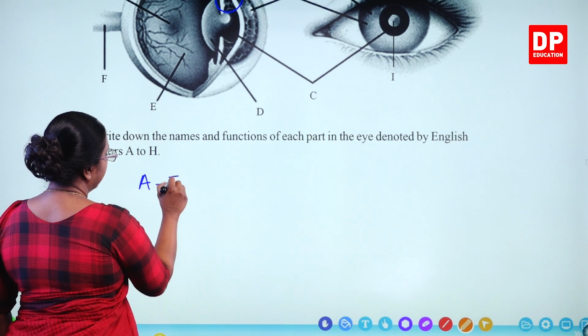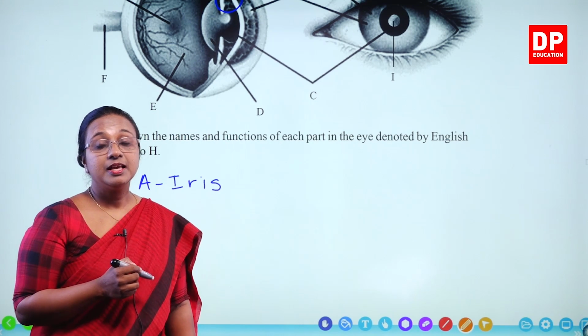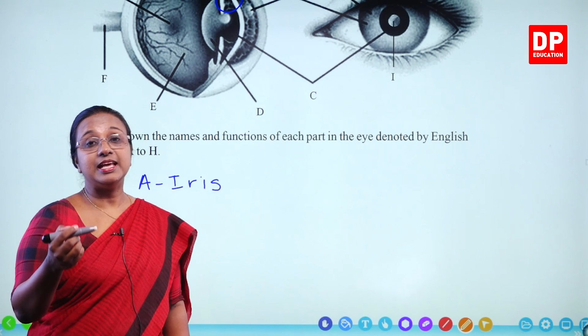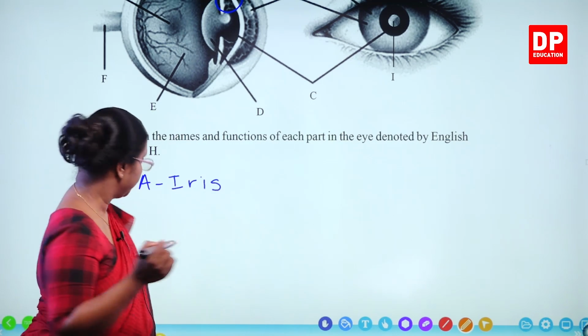A, iris. And what is the function of the iris? It controls the light that enters into the eye by changing the size of the pupil.